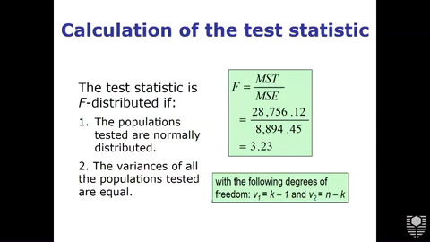Do you remember when we calculated T or Z, with the formula x bar minus mu? Here, we calculate F as MST, from the previous slide, divided by MSE. But we have to meet these 2 conditions before.